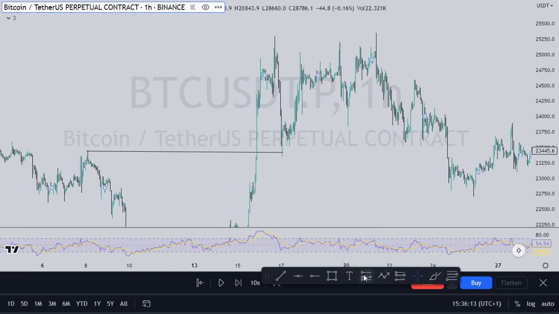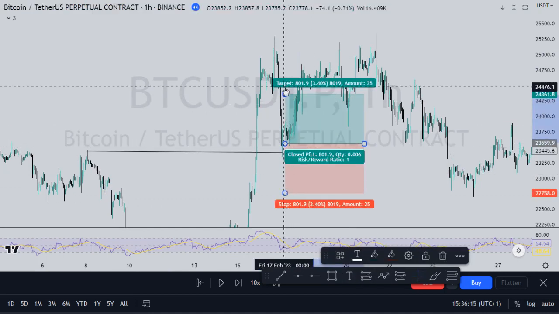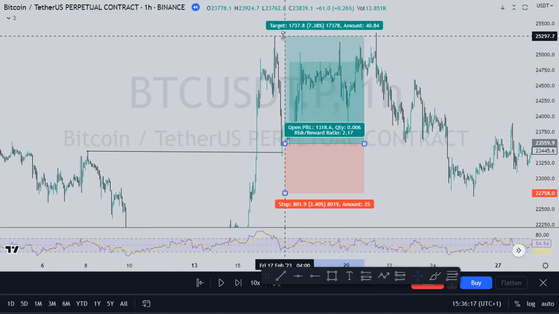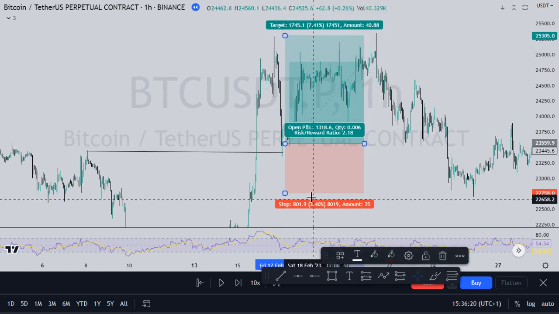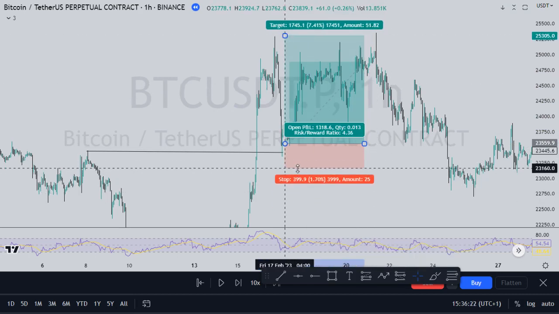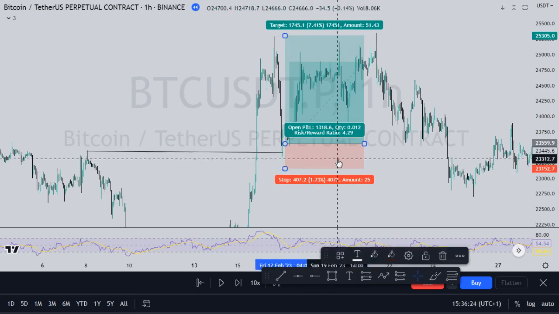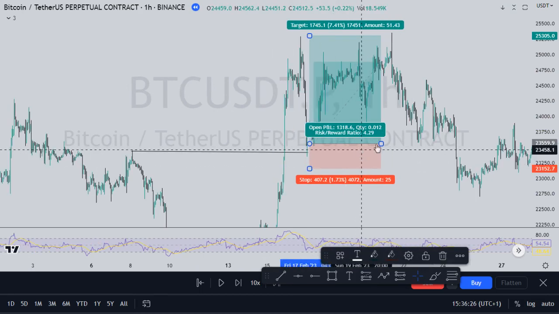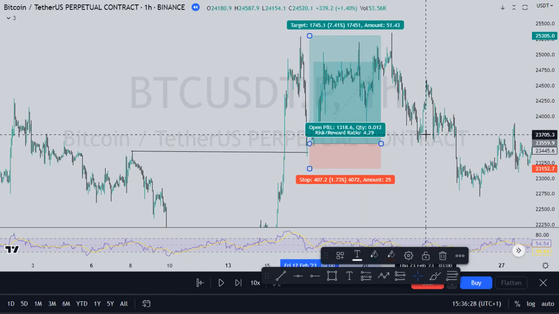If you took this trade, you would have made a profit because it hit the profit target, and your stop loss will be somewhere here. So this is a nice trade still.